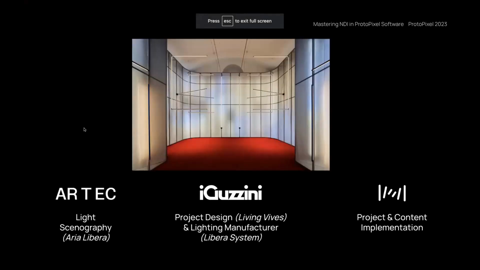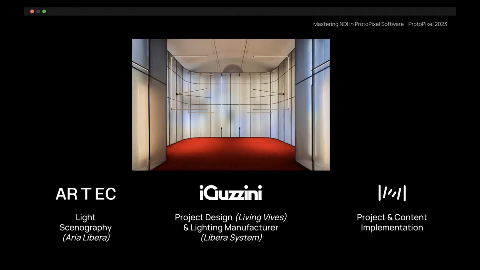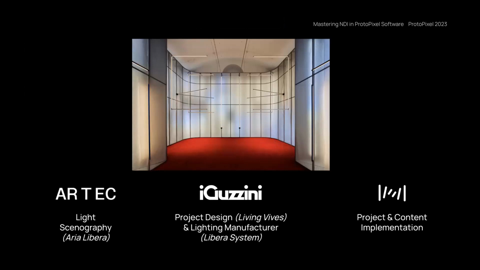Okay, so in this project, there were 3 parts, mainly involving 3 companies: Artec Studio here in Barcelona, iGuzzini, and ProtoPixel. And a little bit just to explain what was seen in the video. The project was designed for the lighting fair Euroluce, which happens every 2 years in Milan. So this project was developed this year in 2023 for Milan.